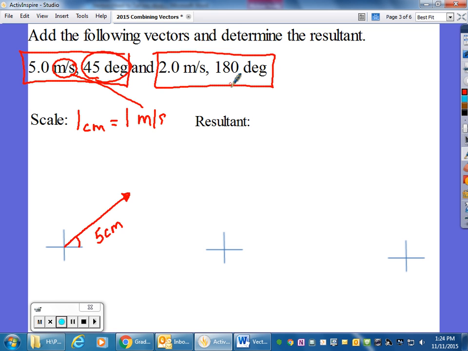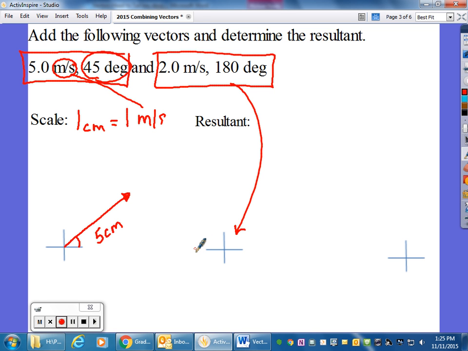Then the second one goes here. The second one is 2 divided by the 1, so it's going to be 2 centimeters long, and it's at 180 degrees. 180 degrees, if you set your protractor down, is directly that way. It's directly east. So if you set it down, actually, I'm sorry, directly west. You would come over here at 180 degrees, and you would put a little dot.